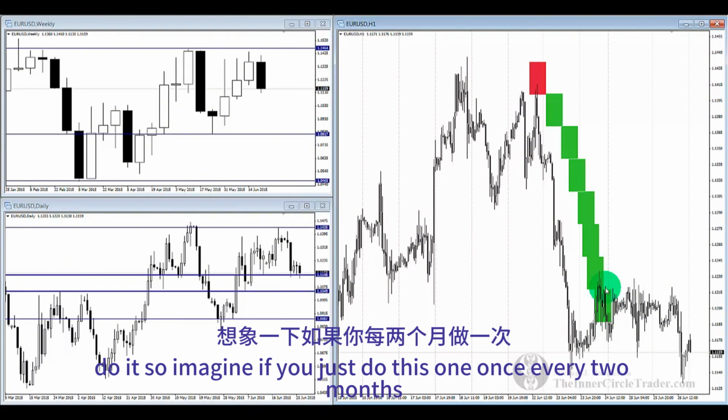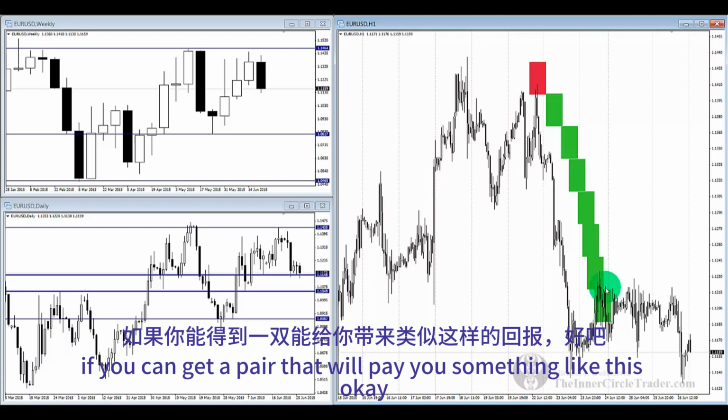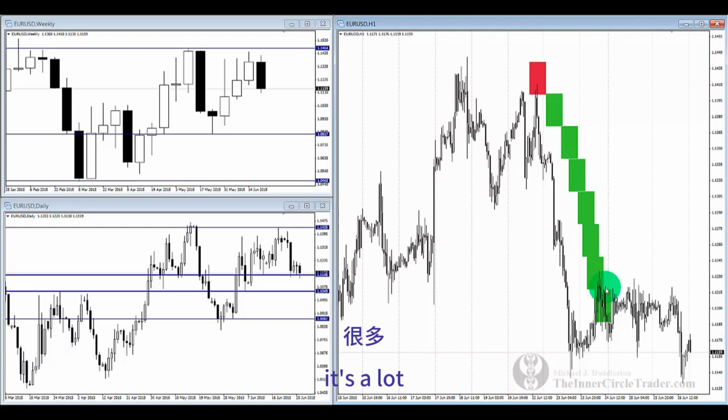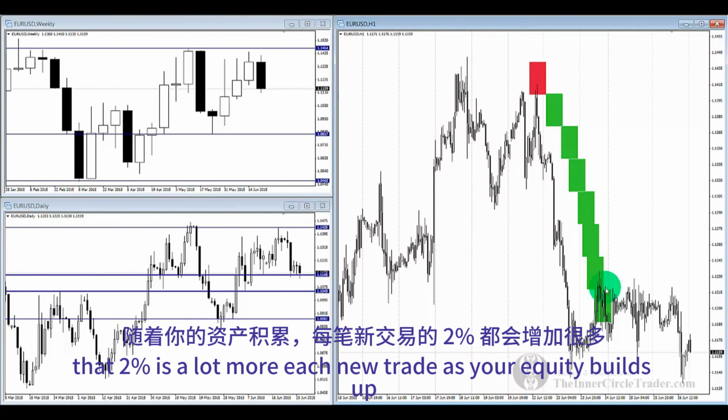So imagine if you just do this once every 2 months. If you can get a pair that will pay you something like this every 2 months, how much money could you potentially be earning? It's a lot. And imagine by doing that 2%, every time your equity increases, that 2% is a lot more each new trade as your equity builds up.